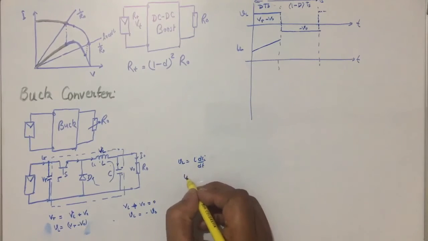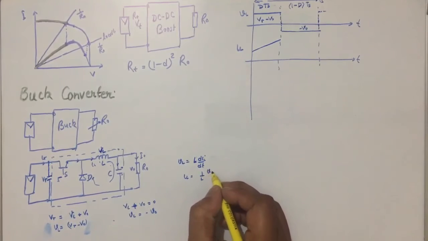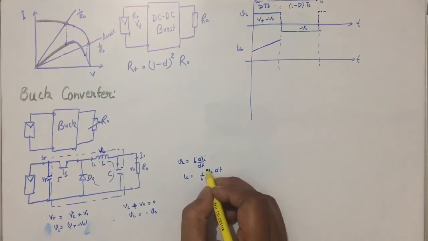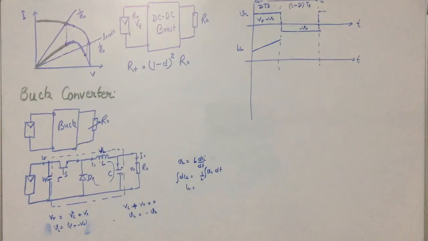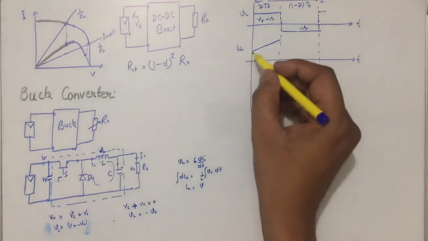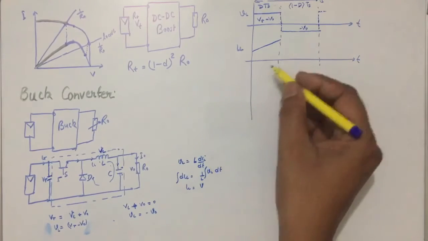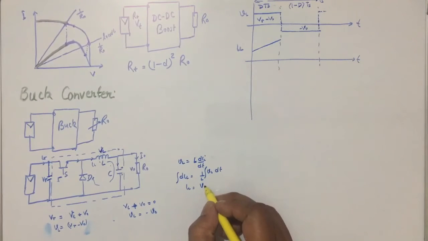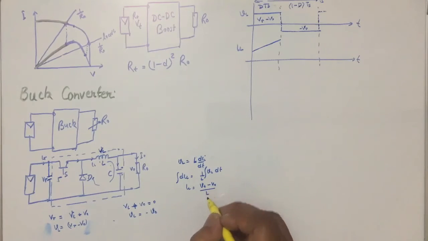From here we can say IL can be 1 by L integral of VL dt, and if we integrate, then IL will be Vt minus V naught divided by L, with time.